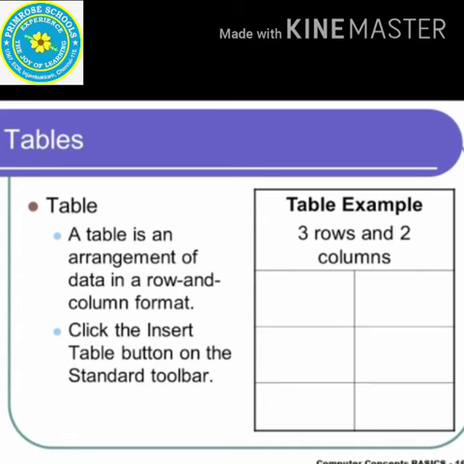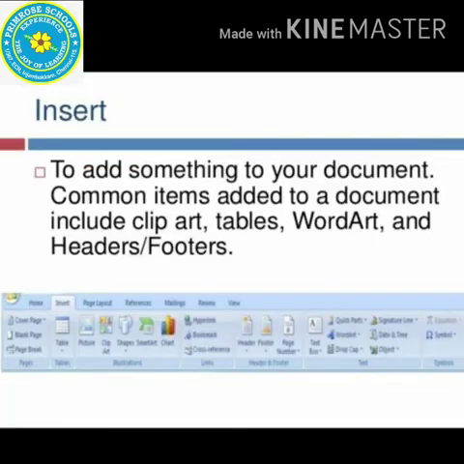For example, if you're giving 3 rows and 2 columns, it represents as a table in form of 3 rows and 2 columns. As I said already, to create a table, we have to select the Insert option first. In the Insert option, there is a drop down list. In there, you can select a table and give the number of rows and columns.